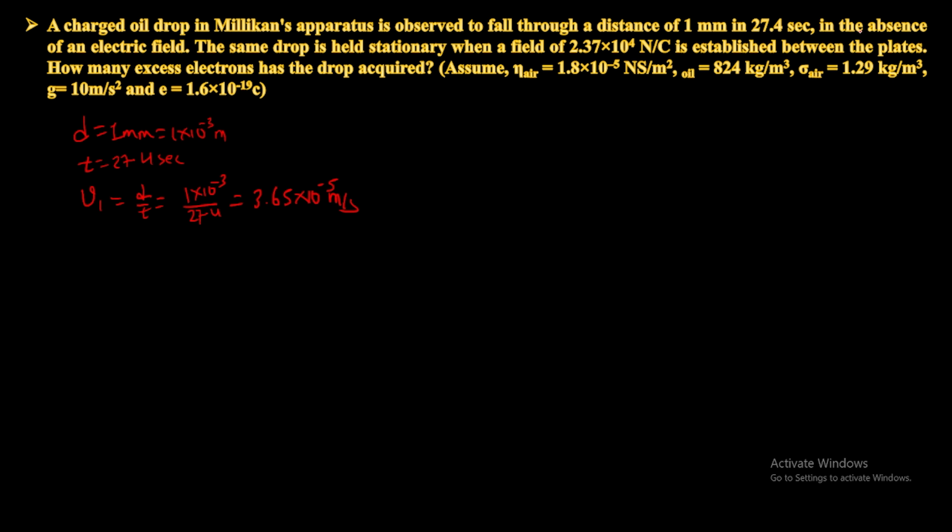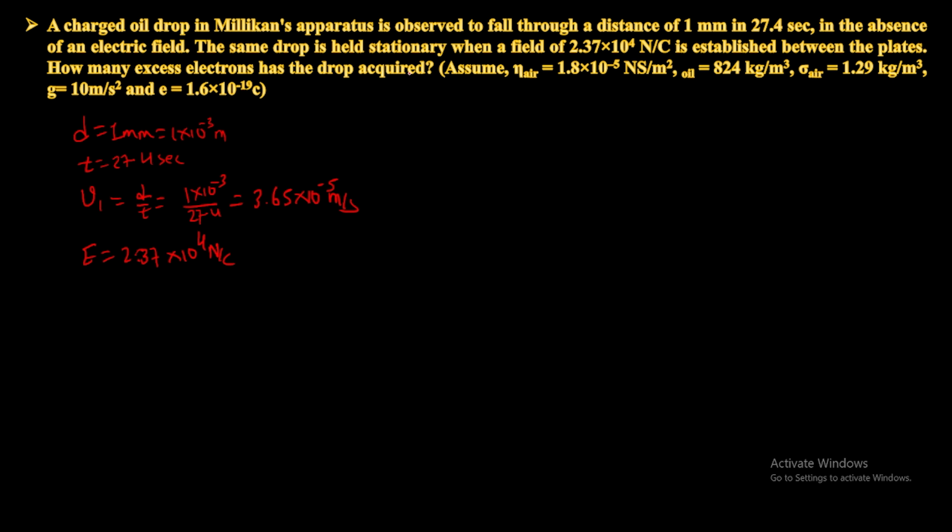Now, in the absence of electric field, the same drop is held stationary when an electric field of 2.37 into 10 to the power 4 newton per coulomb is established between the plates, and when we apply the electric field, the oil drop is found to be stationary.